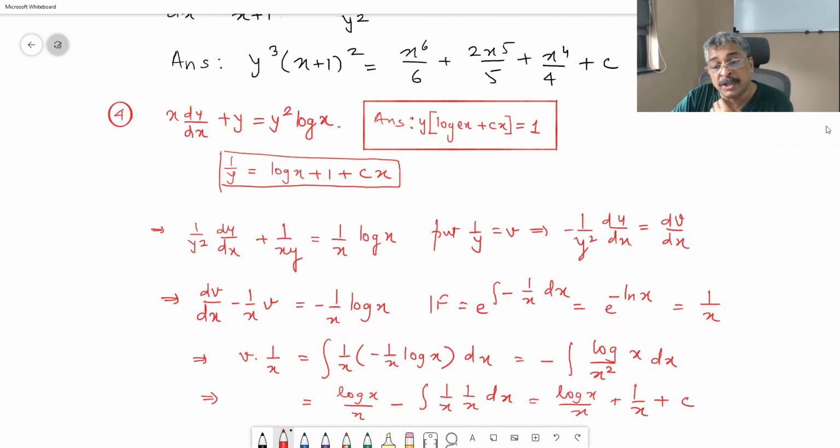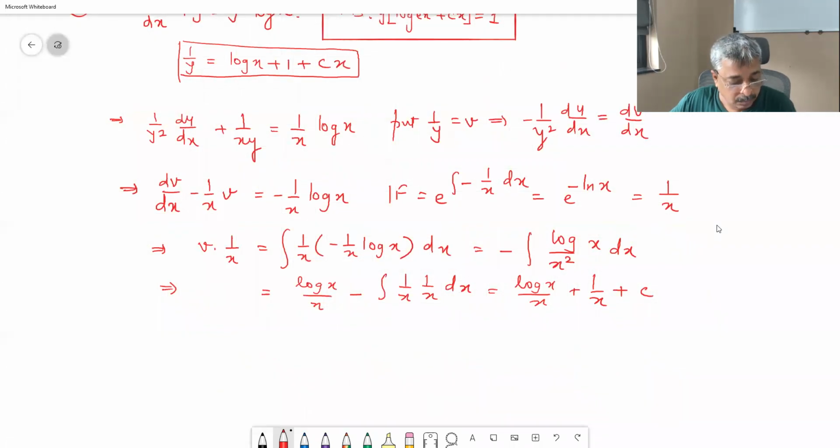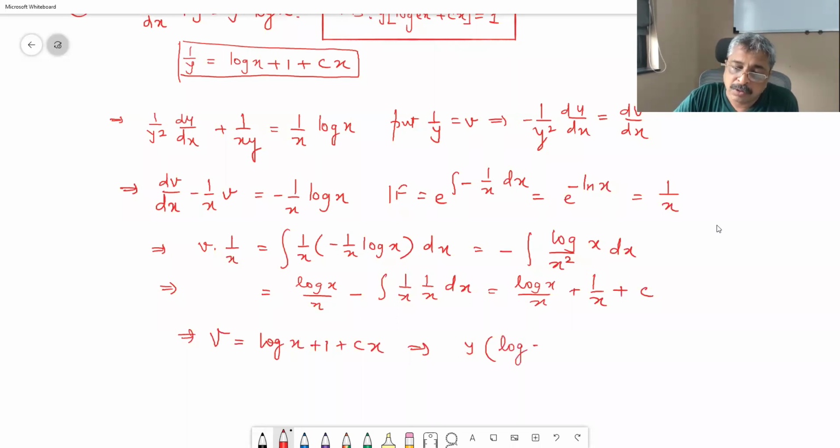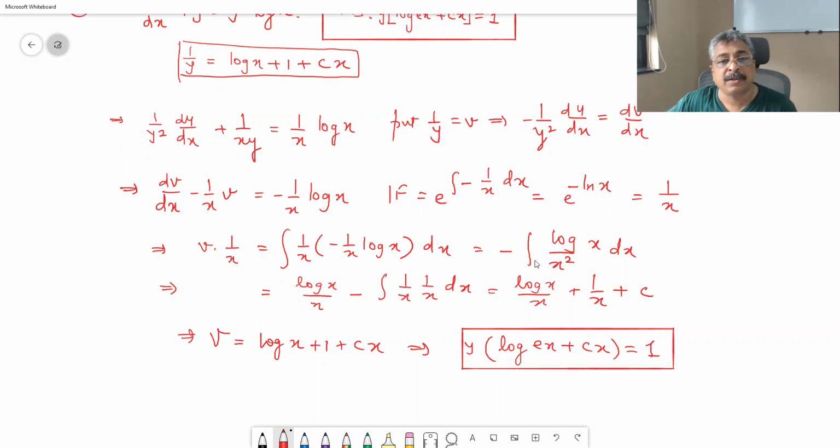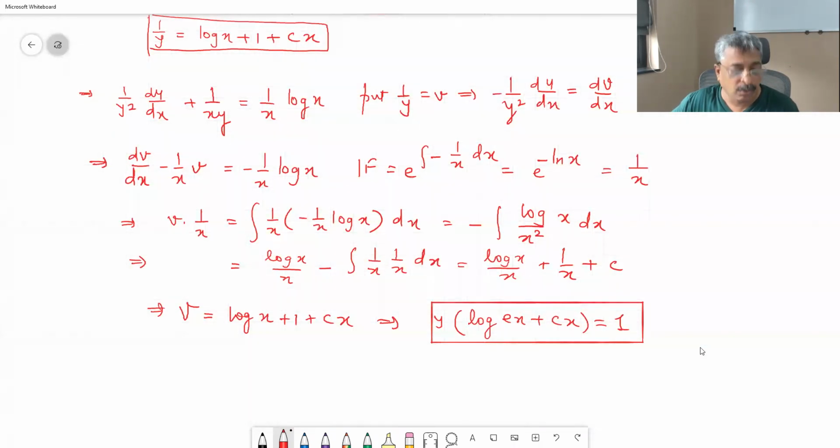In fact, plus c should have been written earlier only. Okay. v is equal to log x plus 1 plus cx, which implies y inside bracket (log x plus cx) is equal to 1. Hope I am writing it correctly, and you can cross check, find out any error and let me know.